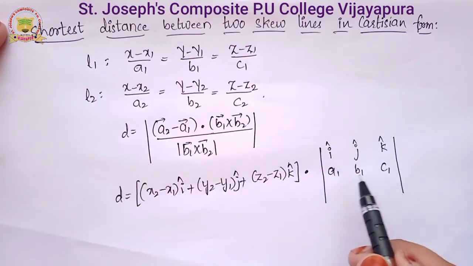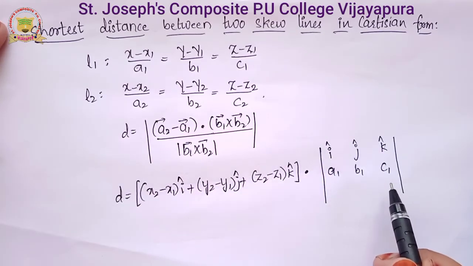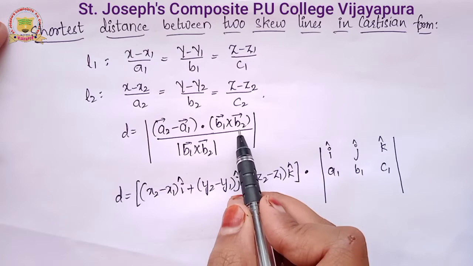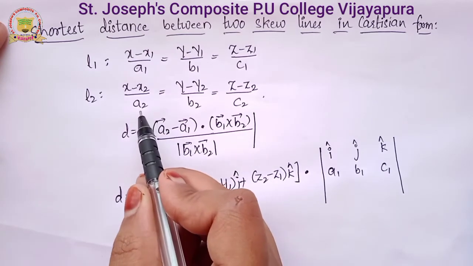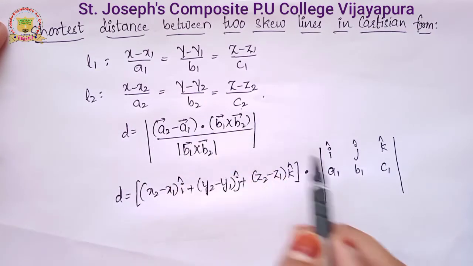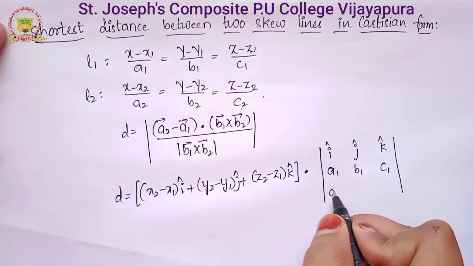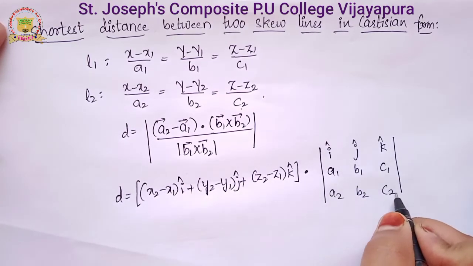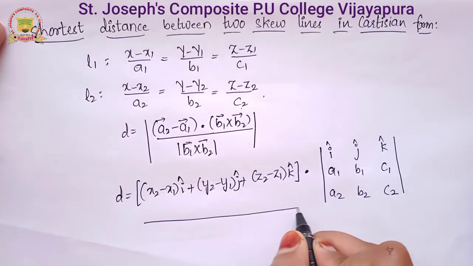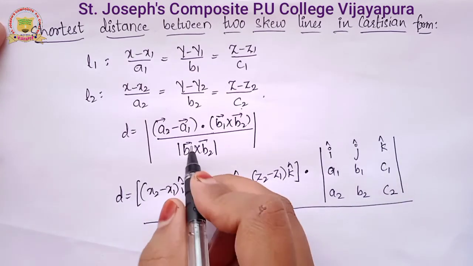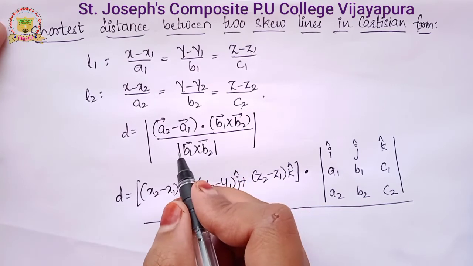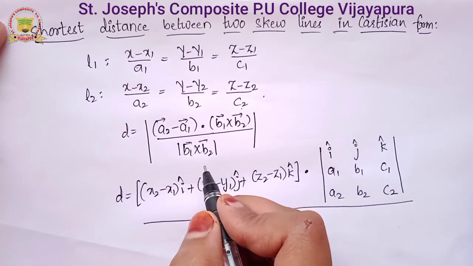So I write here the coefficients of i, j, k respectively, and the b2 vector as a2i plus b2j plus c2k, substituting its coefficients of i, j, k respectively as a2 b2 c2, whole divided by the magnitude of b1 cross b2.